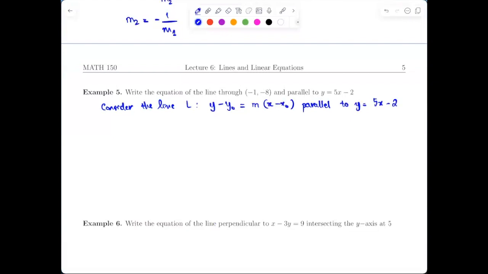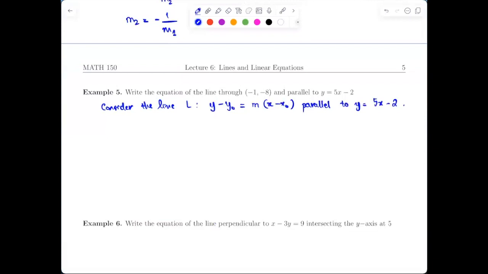So the two lines are parallel, implying that the two slopes should be the same. In this case, you can deduce that m is equal to 5. You're okay with that?